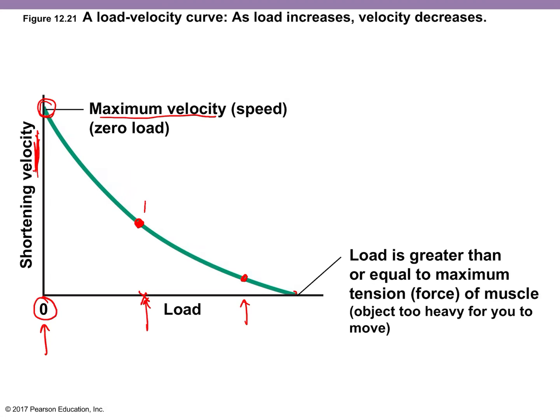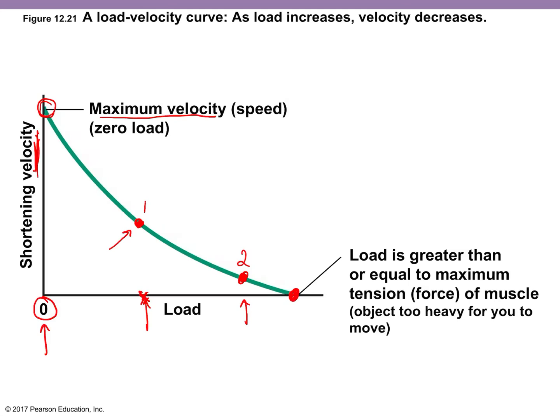What's happening is that you've increased the load to an intermediate position here, and you just can't shorten as quickly, right? If you increase the load, what happens to the speed? It goes way, way down, because if things are too heavy for you to lift up, it's not as fast as if there's nothing in your hand. And that should just make intuitive sense to you.